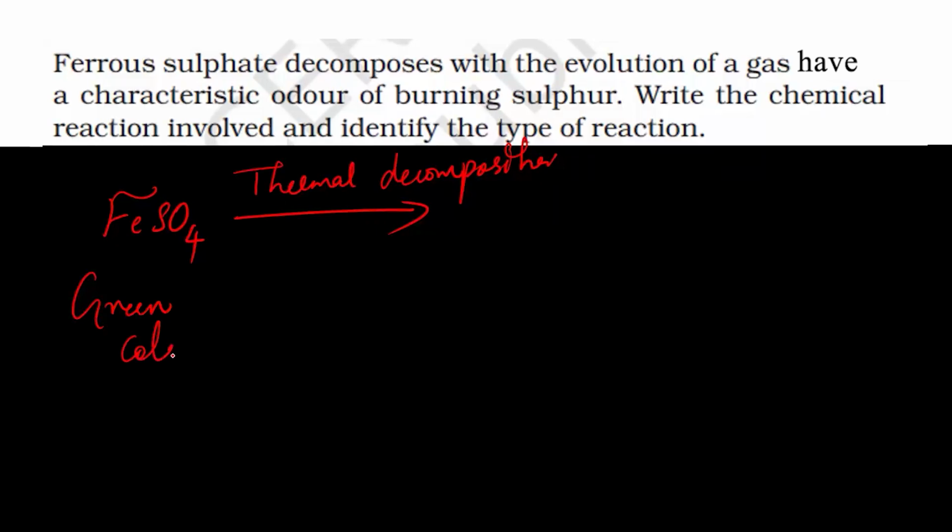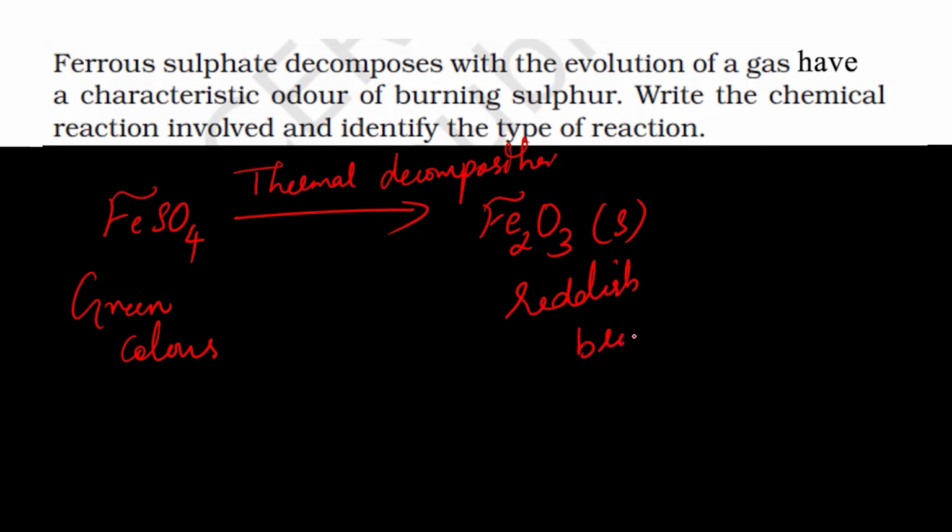Green color ferrous sulfate crystals heated, you will be getting Fe2O3, ferric oxide, a reddish brown solid, along with the evolution of gases like SO2 plus SO3.